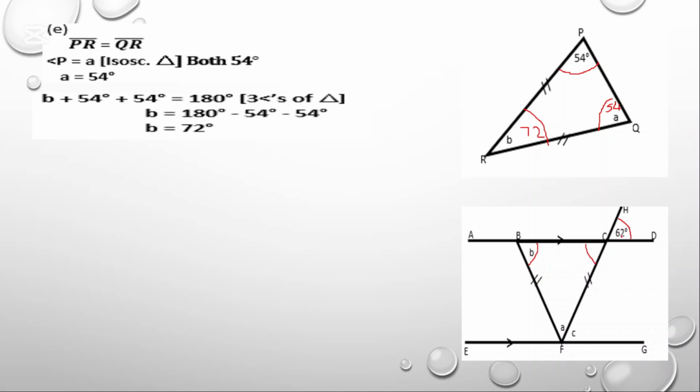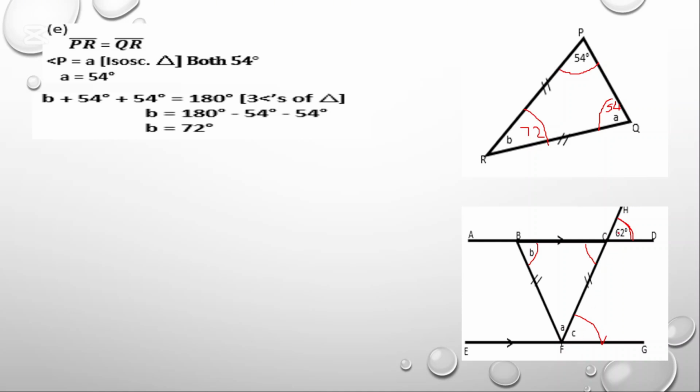Okay, we start with this 62 degrees. Now I can see that 62 and C, they form a pair. Can you see that? Above the line, above the parallel line, from the transversal to the parallel line, from the transversal to the parallel line. The same transversal here. Okay?